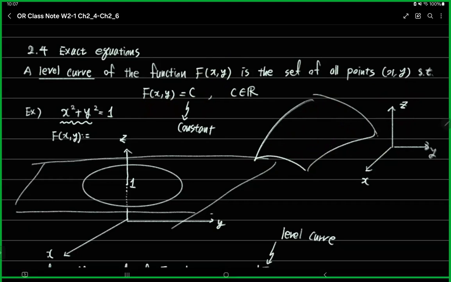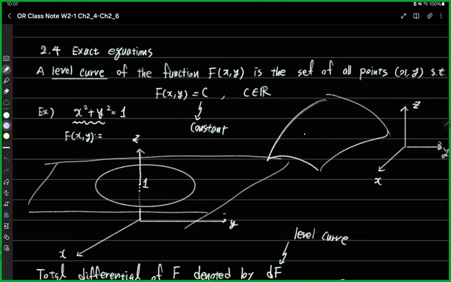So for example, maybe like this. All the points on this curve have identical z coordinates. This is called the level curve. The expression of the level curve is f of x comma y equals c. c is actually the z coordinate.